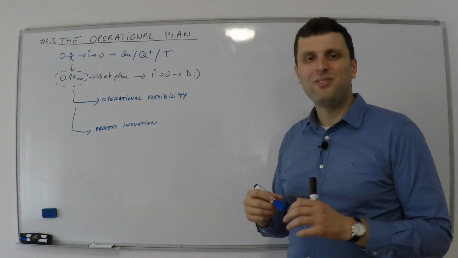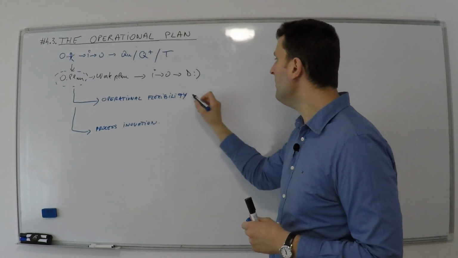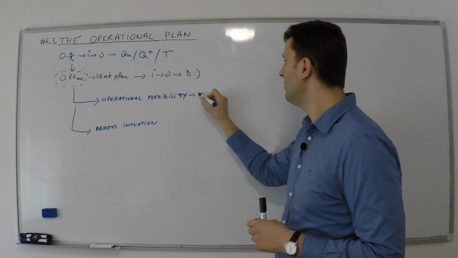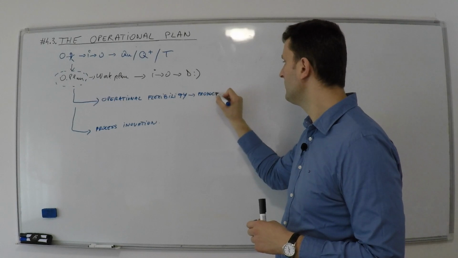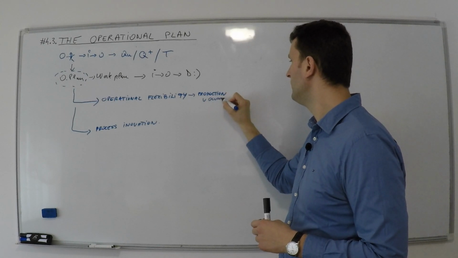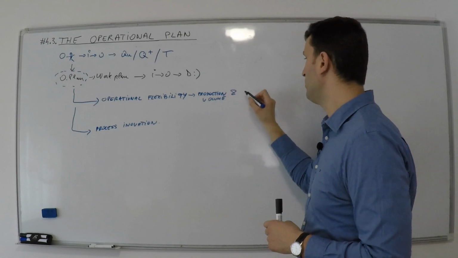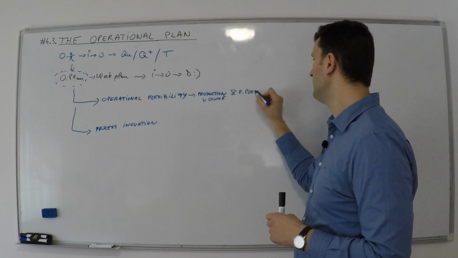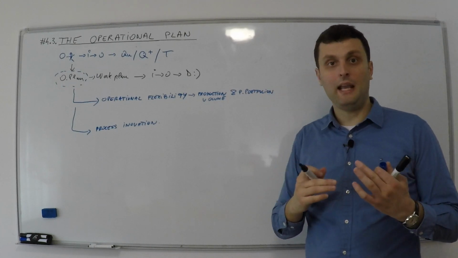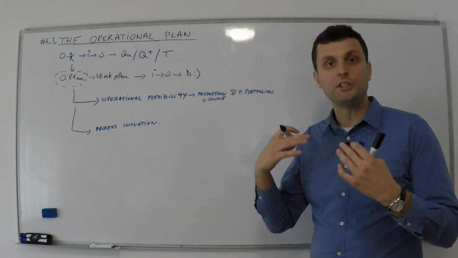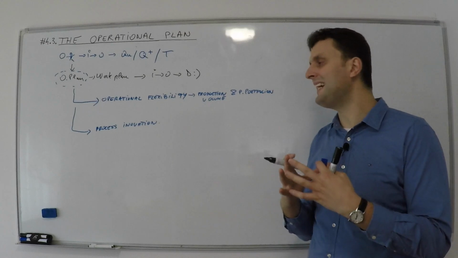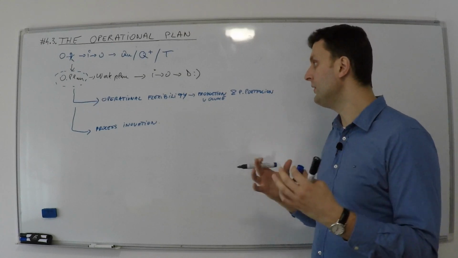So operational flexibility means that my company has the capacity to adapt its production volume and product portfolio in a way that it's able to meet unforeseen demand, to meet tastes that are changing, to meet clients that have different needs.